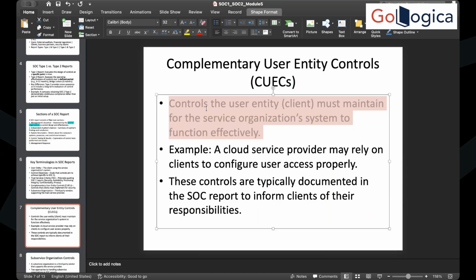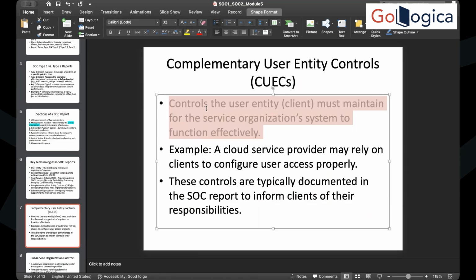Let's say if Cisco WebEx, if Apple is facing some incident, some bugs with my software, how would I know? You are facing it, so you need to inform me about it. Make sense? Example: a cloud service provider may rely on clients to configure user access properly, like we discussed.